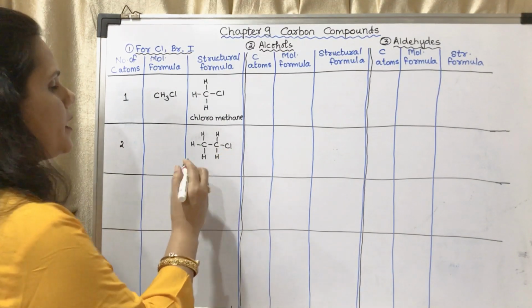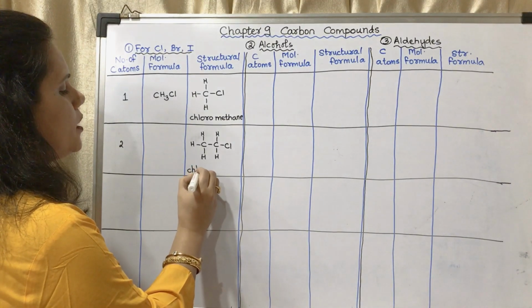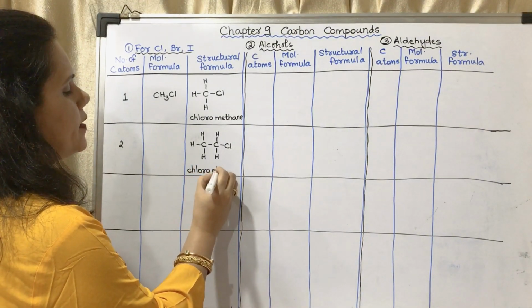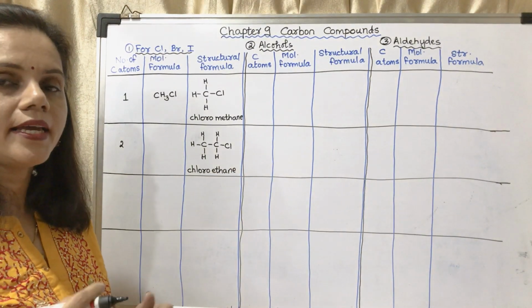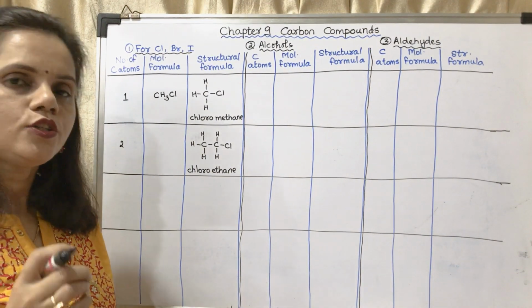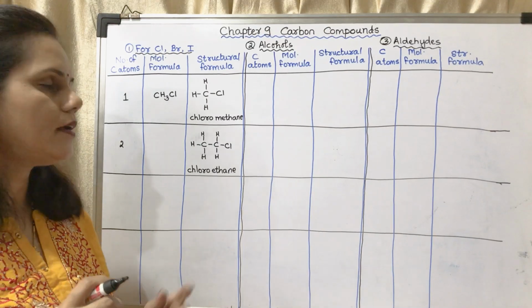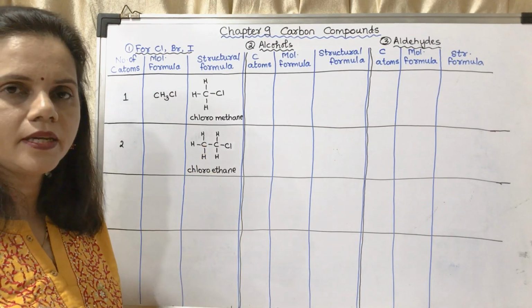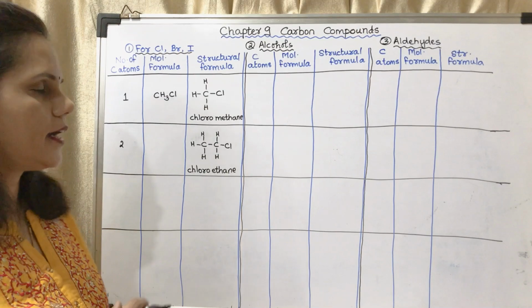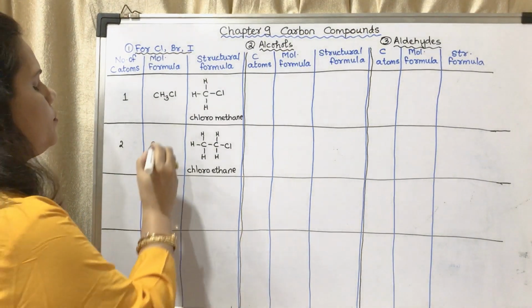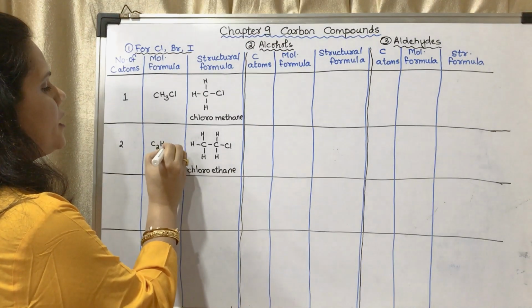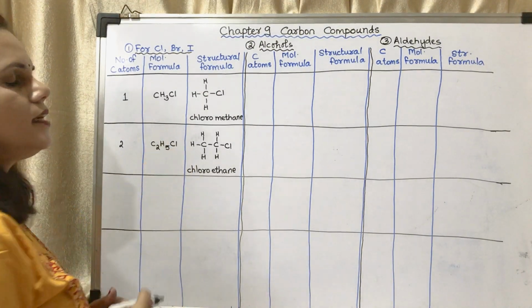What will be the name? The name will be chloroethane. Why ethane? Because it is having 2 carbon atoms. Why ANE? Because it is having a carbon-carbon single bond. Now we will write the molecular formula. It is having 2 carbon atoms, 5 hydrogen atoms and 1 Cl.